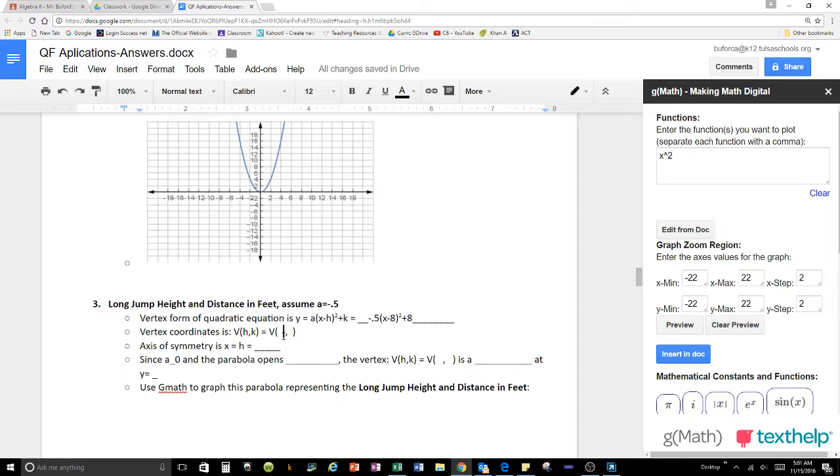Okay, here we know h is 8, k is 8, here h is 8, and here we know that a is less than 0, so the parabola opens downward.